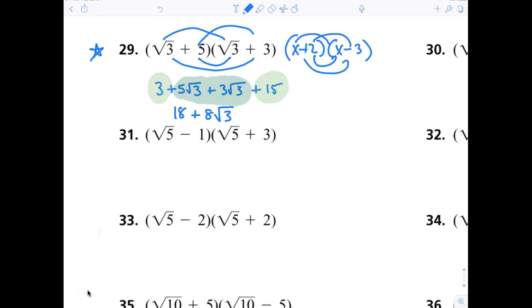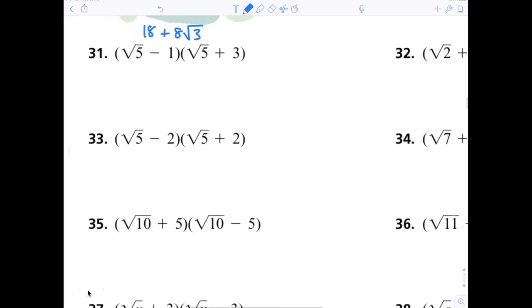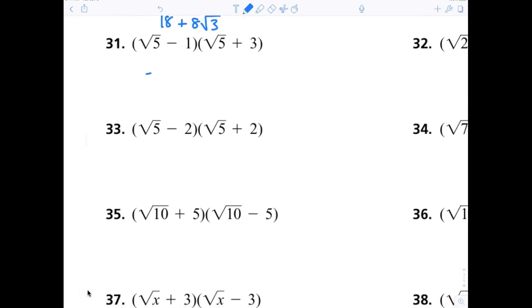Moving forward. Let's see how you're doing. Square root of 5 times square root of 5. 5. How much here? What is that? Well, you didn't look at the board. Negative 1 radical 5. And then what's this one? Say it now. 3 radical 5.